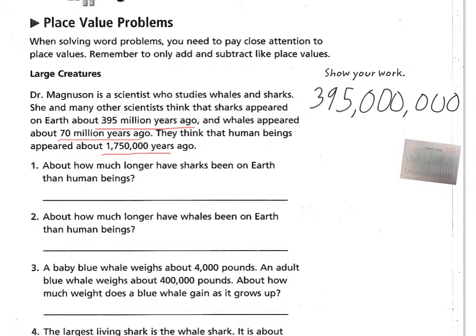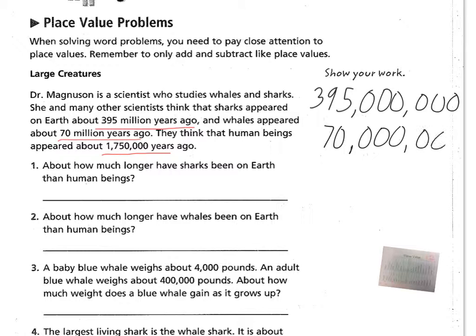The next one says 70 million years ago. And I can kind of use the same information. I don't need to look at my chart again. I know that 70 million is going to be a 70 in the millions place. So I would need 6 zeros after that. This being the ones, so ones, tens, hundreds, thousands, 10,000s, 100,000s, millions, 10 millions, and up here 100 millions.